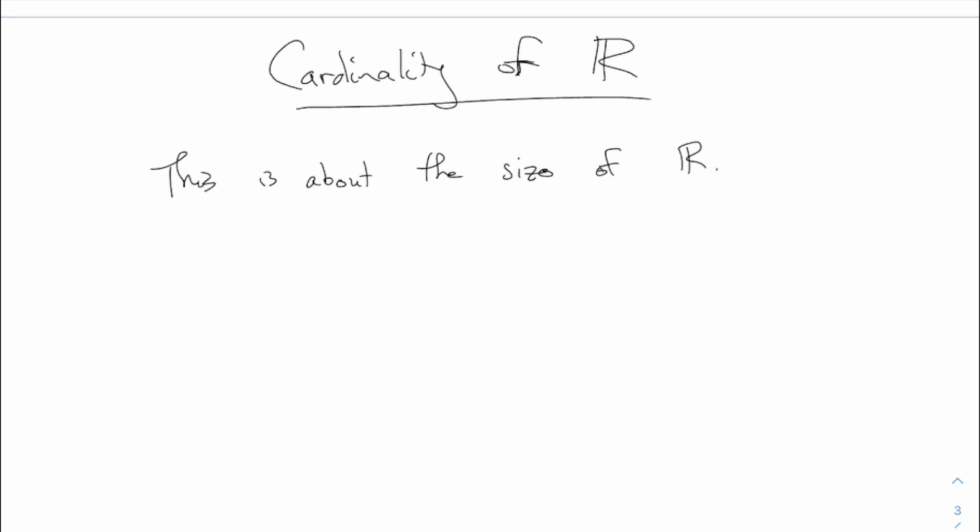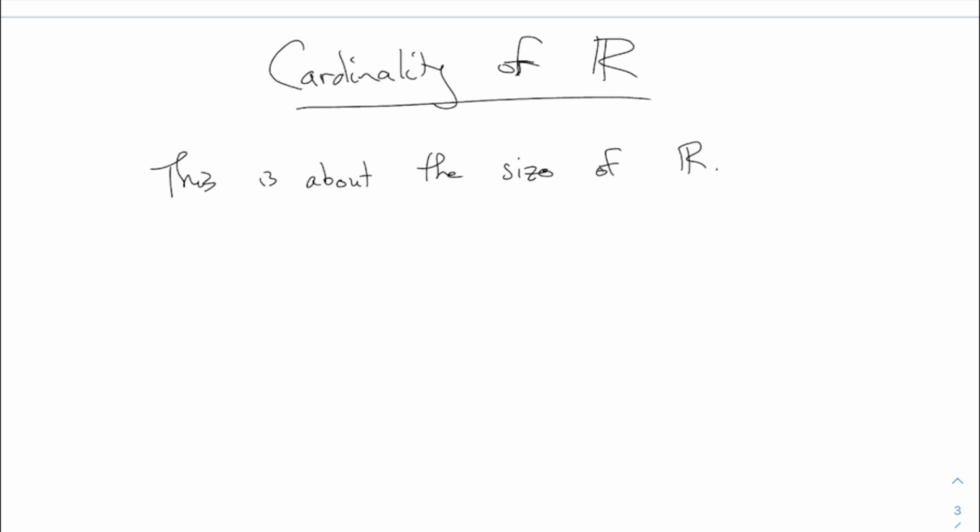Grammatically speaking, I would say there are infinitely many real numbers. We don't usually say there are infinity real numbers; that's the grammar of the word infinity. But yeah, the size of R is infinite. There are infinitely many real numbers.